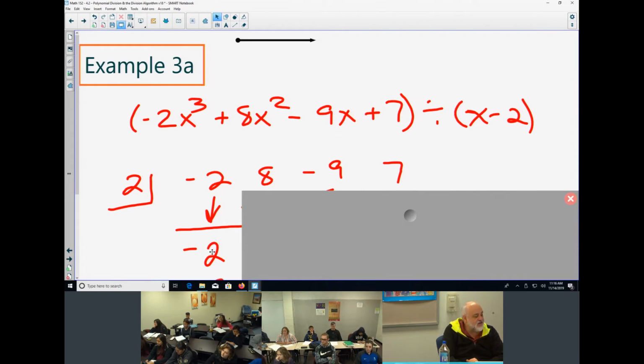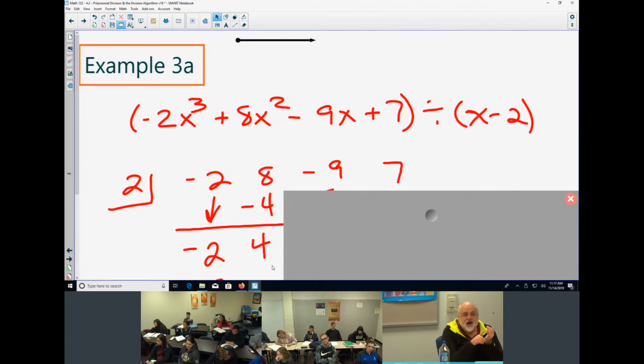All right? Then we take the -2 and we multiply it by the number in the magic box. So -2 times 2 is -4, and we write it under the 8, and then we add. Okay? So there's no changing signs, and we're adding instead of subtracting, and so there's less errors on synthetic division than on regular polynomial division.